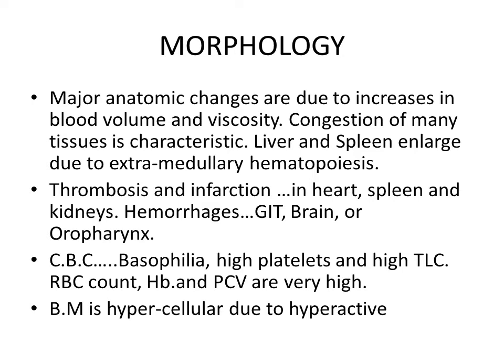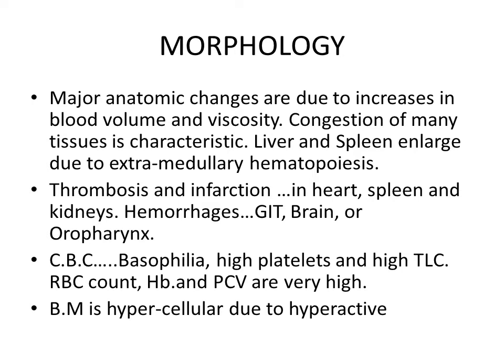On the peripheral blood smear, we can see more prominent basophils, basophilia, and a high platelet count. All these findings we can see in a routine blood examination, CBC and peripheral blood smear examination, which we do routinely for hematological evaluations.